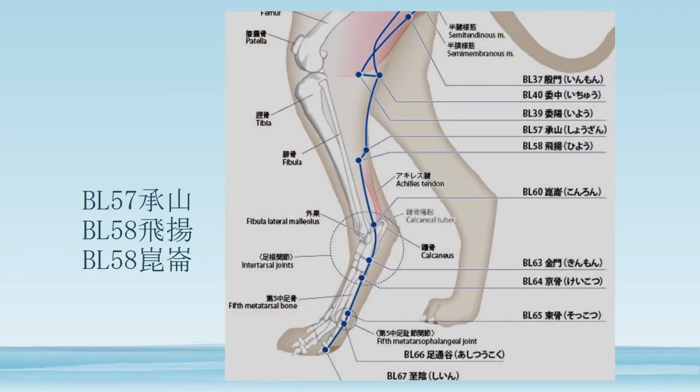Let's look into the acupoints below the knees. The landmark acupoints below the knees were BL40 in the middle of the knee pit and the calcaneal tuberosity. Draw a line connecting these 2 landmarks, and in the middle, there is BL57.